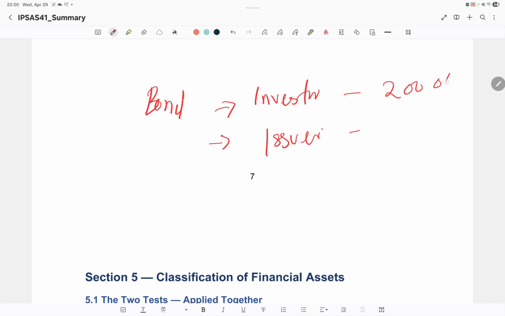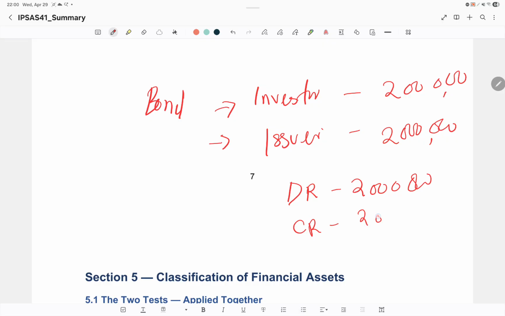This is an example. Treasury needs more than 2 million, but let us say it's 2 million. So you have given Treasury 2 million. So what happens in the books of Treasury? They debit their bank 2 million, and they credit liability 2 million. That is the initial recognition.